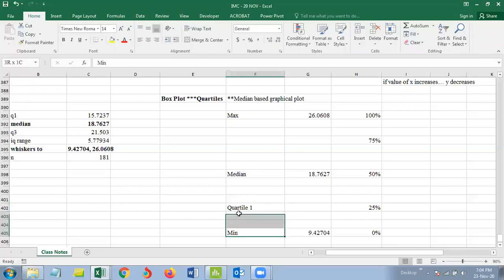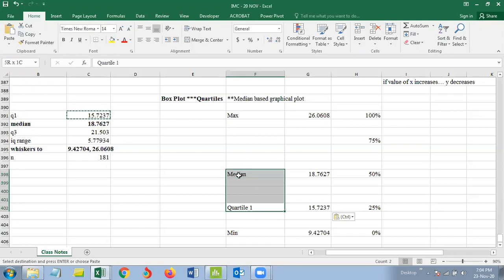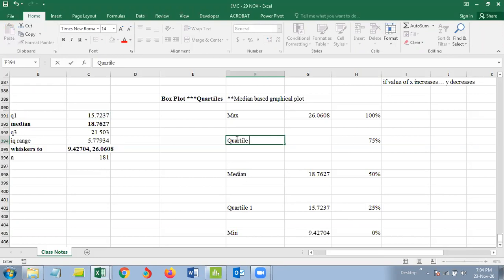From 0 to the first 25th percent, that's my quartile 1. Then from 25% to 50%, that's the next 25%. So 25% data here, another 25% data here. From 50 to 75%, this is called quartile 3, the third quarter, which is coming from here.